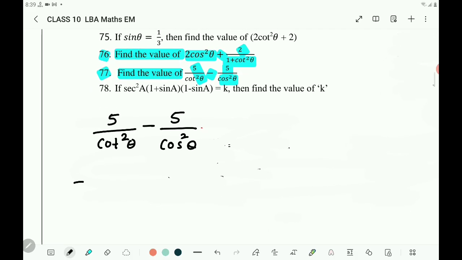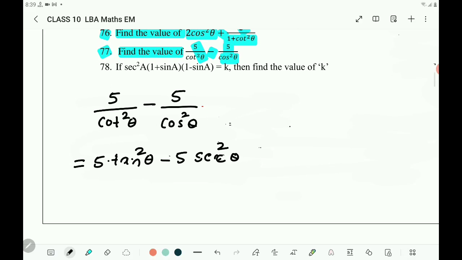Then let us take the reciprocal of cot, which is tan. Then you can write 5 tan square theta minus 5 secant square theta. Here the reciprocal of cos is secant.